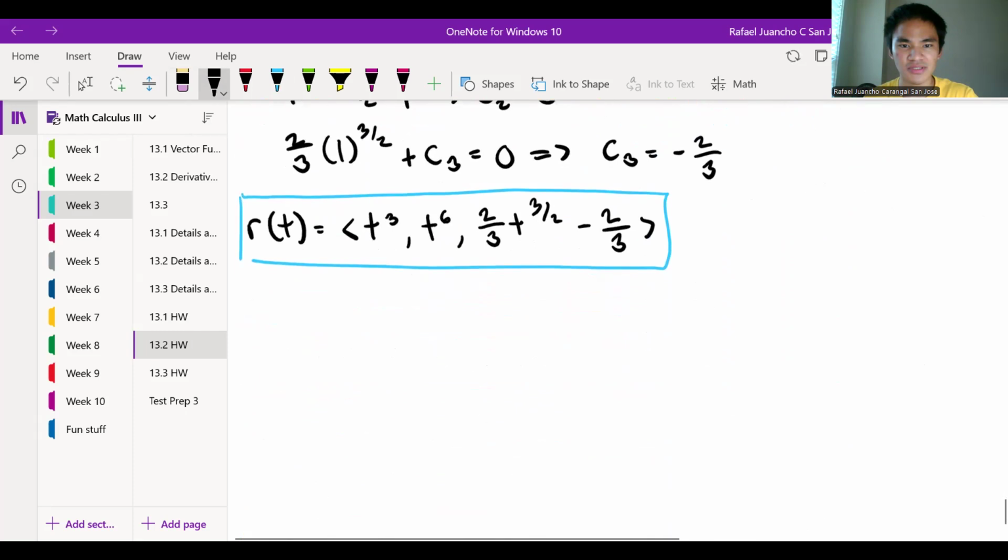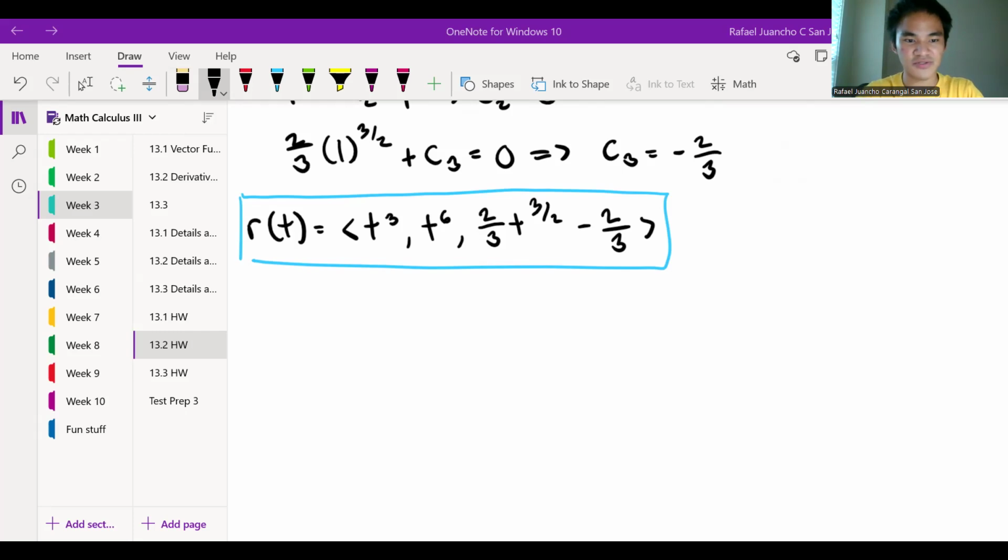Yeah, looks clean. I could do this in ijk format, but I really just have to add ijk to it, and that's it. But I prefer not to. I mean, I don't need to, at least. So I'm not gonna do it. Let's see if I got it. T cubed, comma, t to the 6th, comma, 2/3 t to the power of 3 over 2 minus 2 over 3.